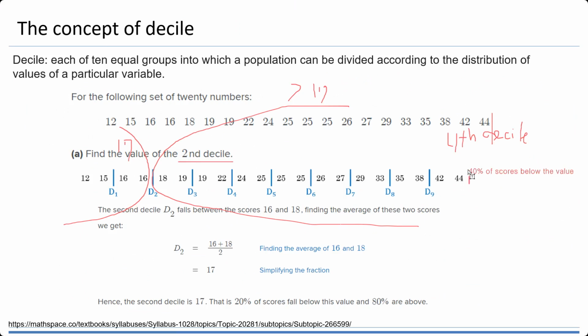Okay? And 60% of scores are above the value. So you can find what is the best value based on the D4 or the fourth decile and so on. Okay.